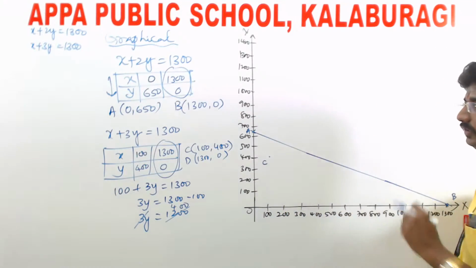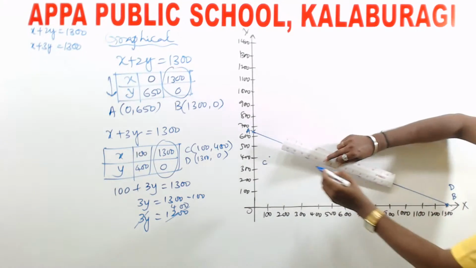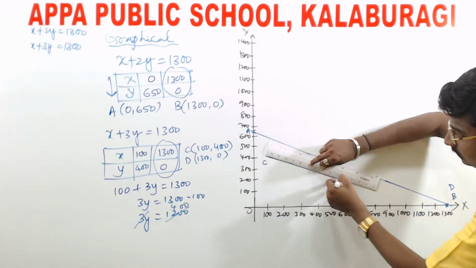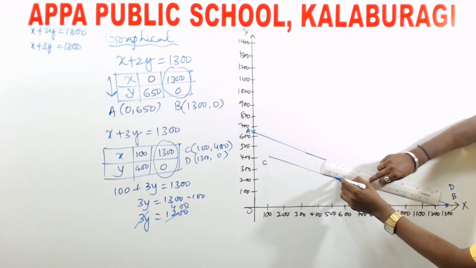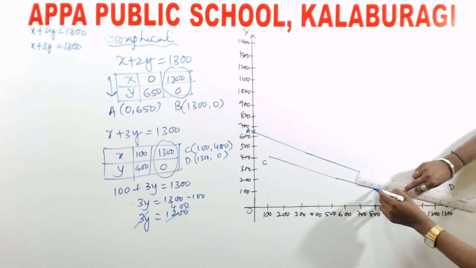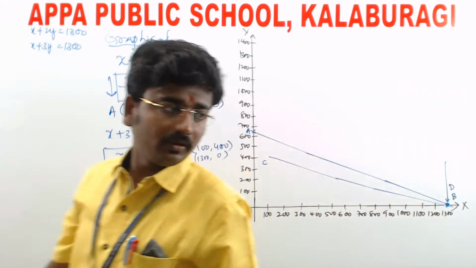So this is point C, and this is point D. Again, B and D points are one and the same. Again, you can join these. So the two lines intersect here at B and D, (1300, 0).